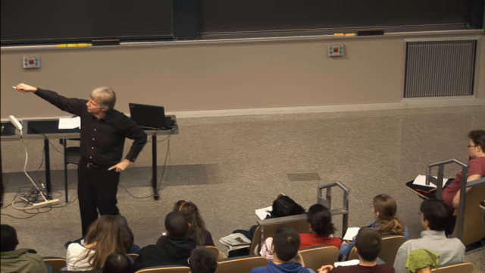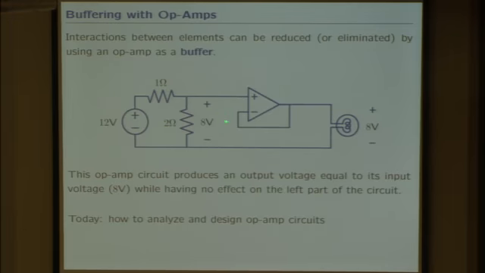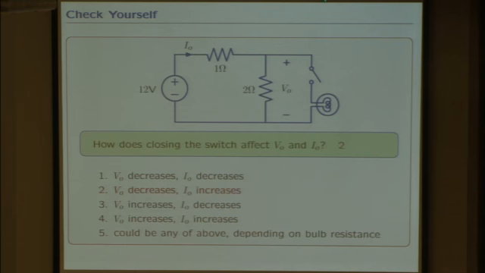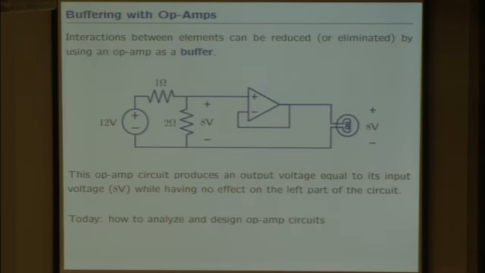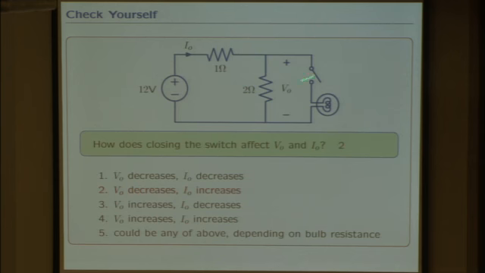Imagine that what I really wanted to do was use a voltage divider to make 8 volts. And what was in my head was, I'd like that 8 volts to be across the light bulb. That's a good idea. It just won't work, at least not the way this circuit worked. If I just build it like so, there's an interaction between the bulb and the voltage divider circuit. So the voltage divider circuit is no longer a voltage divider. In this circuit, when I close the switch, current flows in this wire.